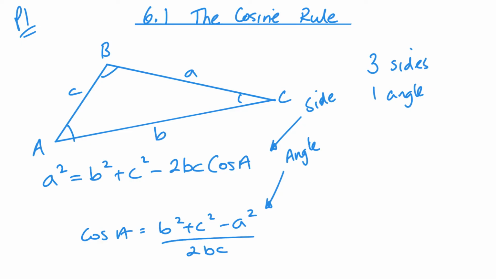So essentially, I can use the cosine rule if I know all 3 sides and I want to find an angle, or if I know 2 sides, 1 angle, and the missing side I want to find is opposite that angle. Okay, and that's quite important. So essentially 3 sides, 1 angle. If I've got that scenario, in almost all cases I'll be using the cosine rule. But if I am finding a missing side, I do want that opposite the angle I have.